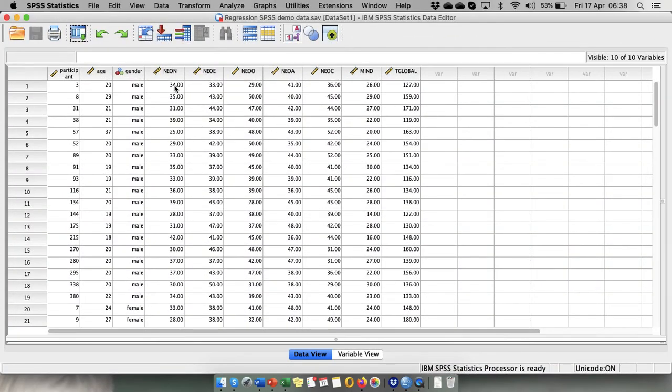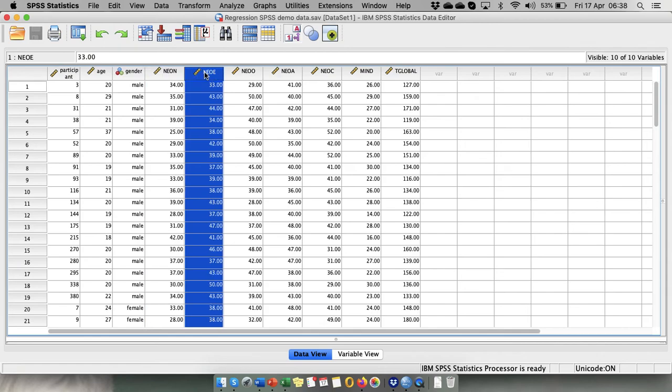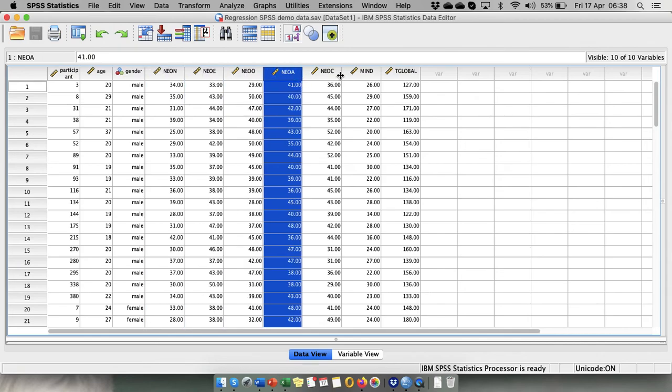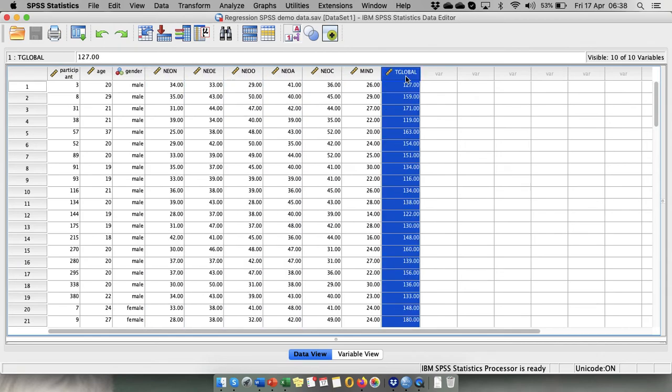Here's our data set. We have our neuroticism, extraversion, openness, agreeableness, conscientiousness, and our dependent variable in this task is trait emotional intelligence. All the assumptions can be tested through the regression menu, so there are no additional steps that you need to take.